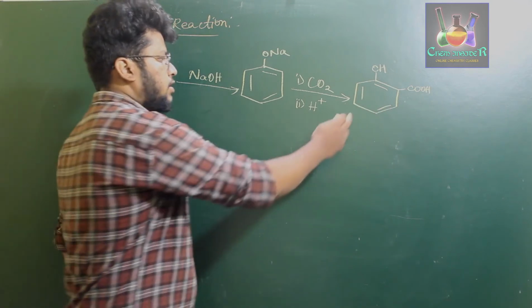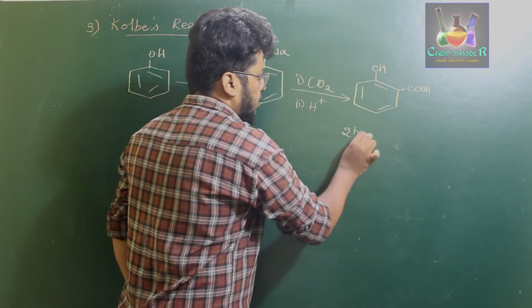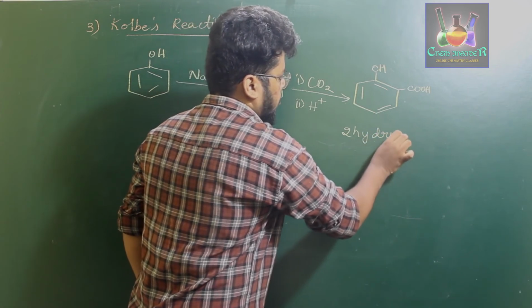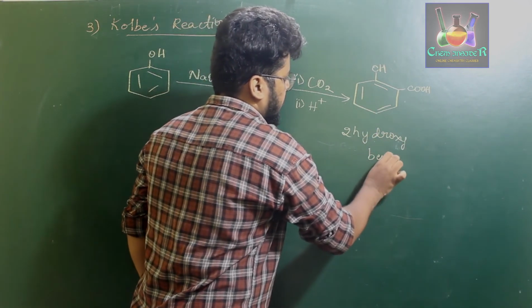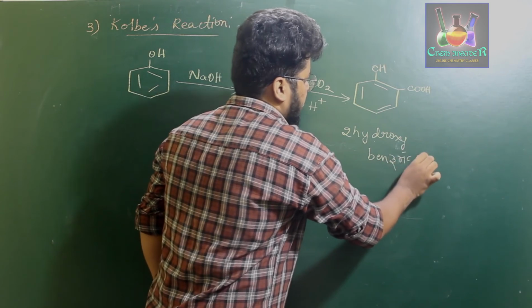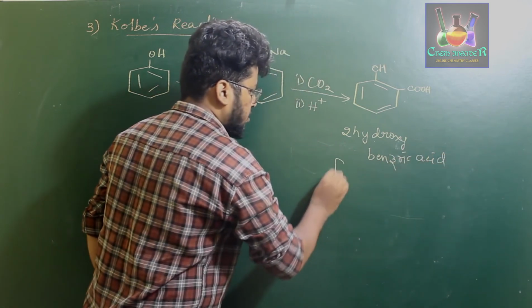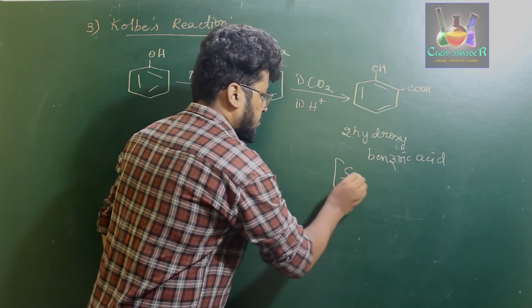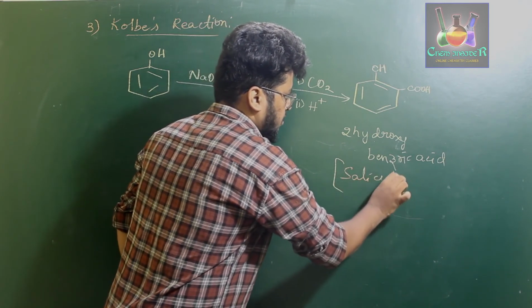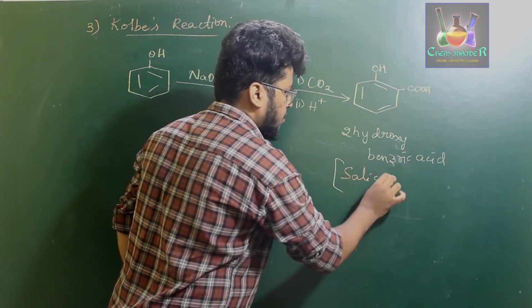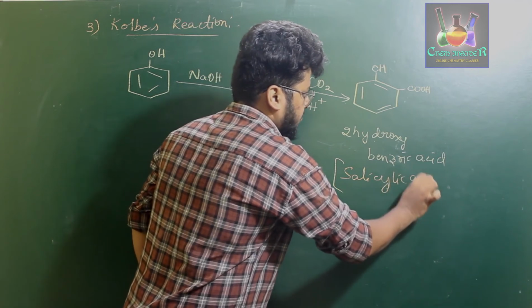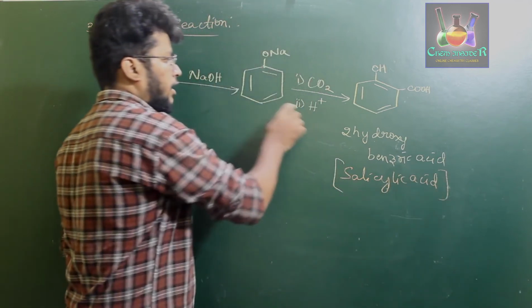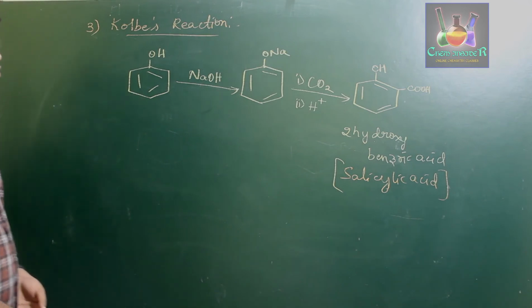The IUPAC nomenclature for this is 2-hydroxybenzoic acid, which is also called salicylic acid, on hydrolysis. So this is Kolbe's reaction.